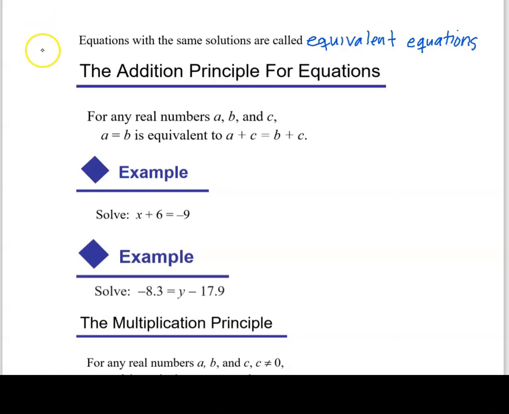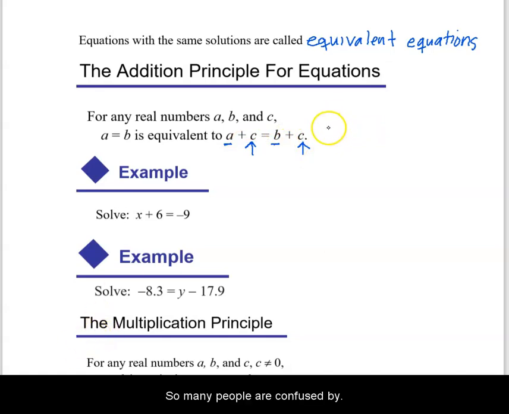The addition principle for equations: for any real numbers a, b, and c, a is equal to b is equivalent to a plus c is equal to b plus c. So basically what they've done is said, well, we already know that a and b are equal to each other. So if we take the exact same number and add it to both sides, then they should still be equal.